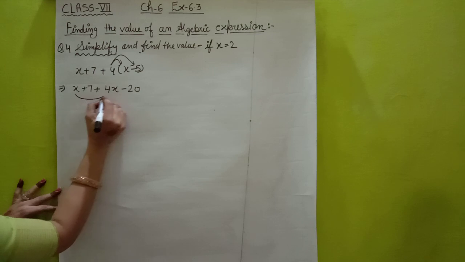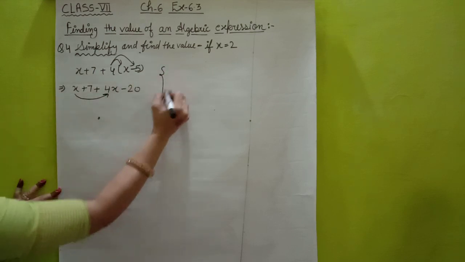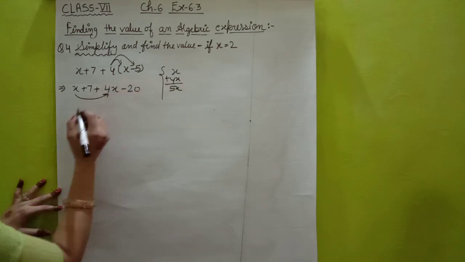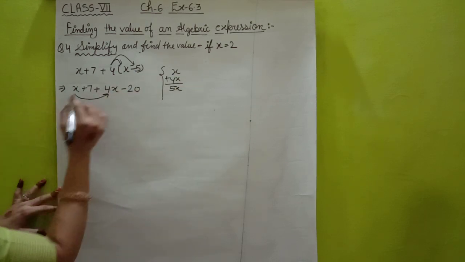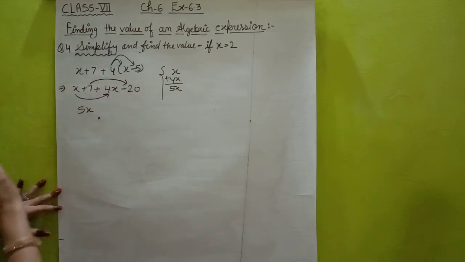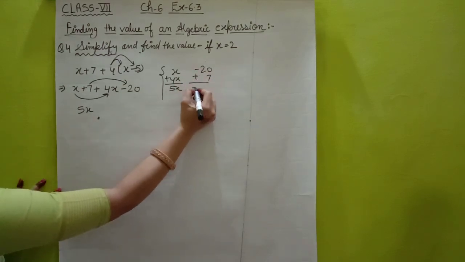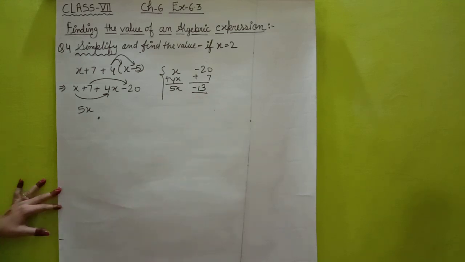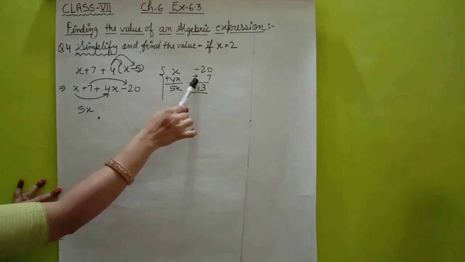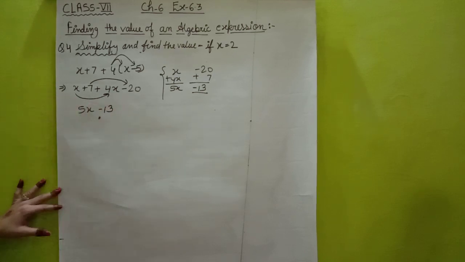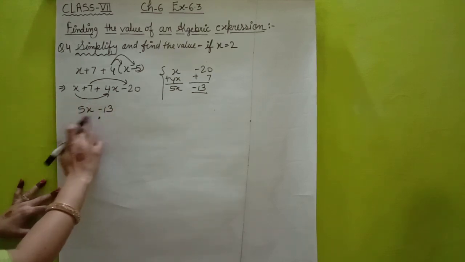Now students, x and 4x. X plus 4x, what will be? 5x. Then 7 and minus 20. Students, minus 20 and plus 7. It will be minus 13 now, because minus plus minus, 20 minus 7, 13. Minus 13. Now students, we have simplified.